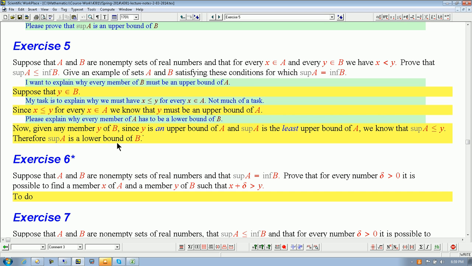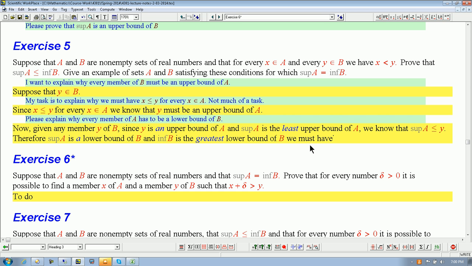Okay. Since sup A is a lower bound of B, and inf B is the greatest lower bound of B, what do we know?